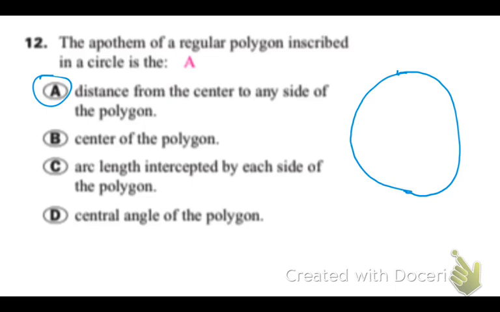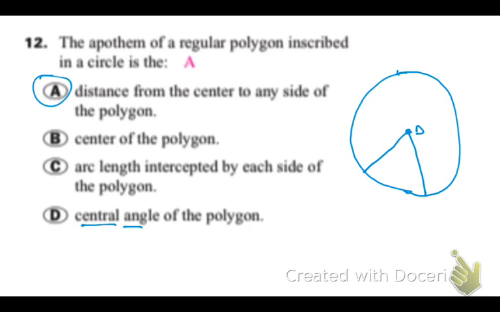D says central angle of the polygon. Well, the central angle of the polygon is right here. That's D. That's obviously not the apothem. C is the arc length intercepted by each side of the polygon. Apothem of a regular polygon described in a circle.